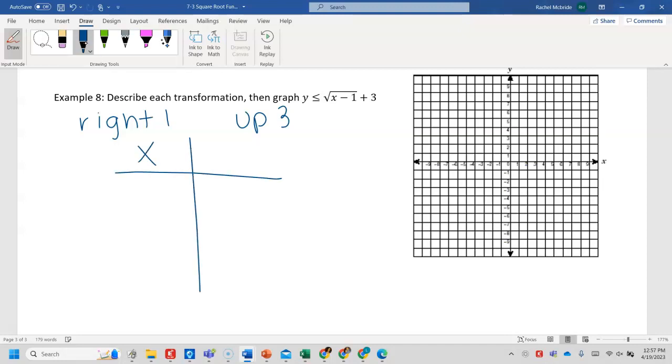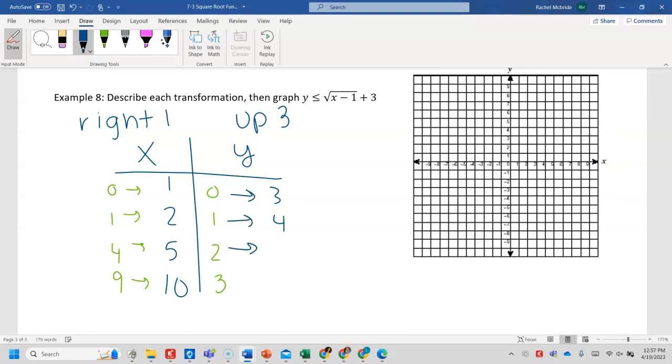So all of my x values get shifted 1 unit to the right. So those original points, 0, 1, 4, 9, all move right 1 to become 1, 2, 5, and 10. All of my y values that are 0, 1, 2, and 3 get moved up 3 units to 3, 4, 5, and 6.